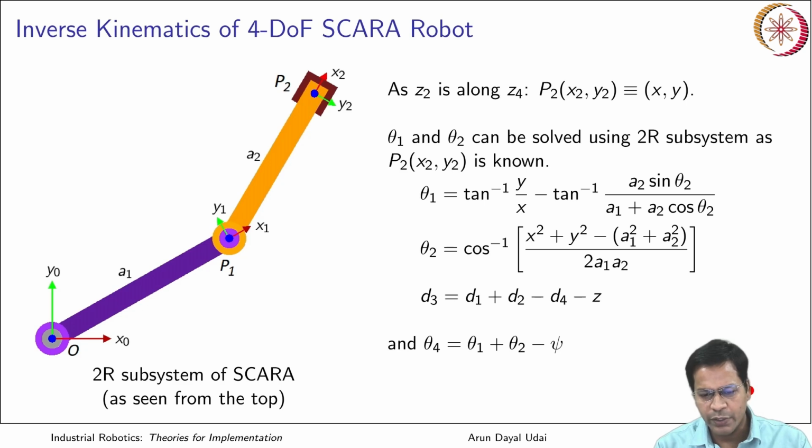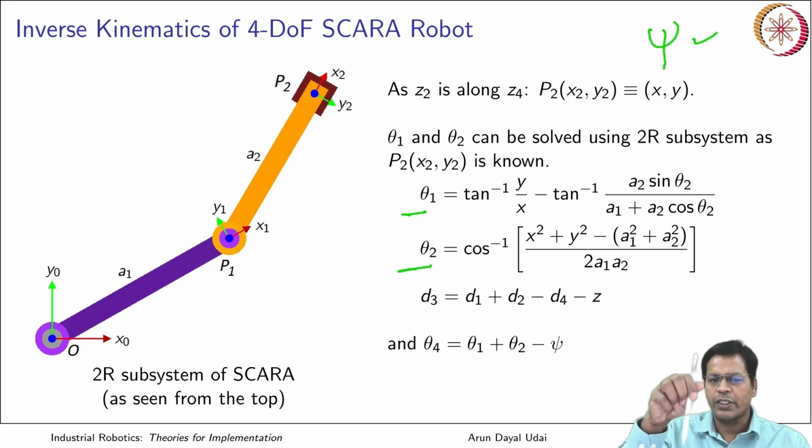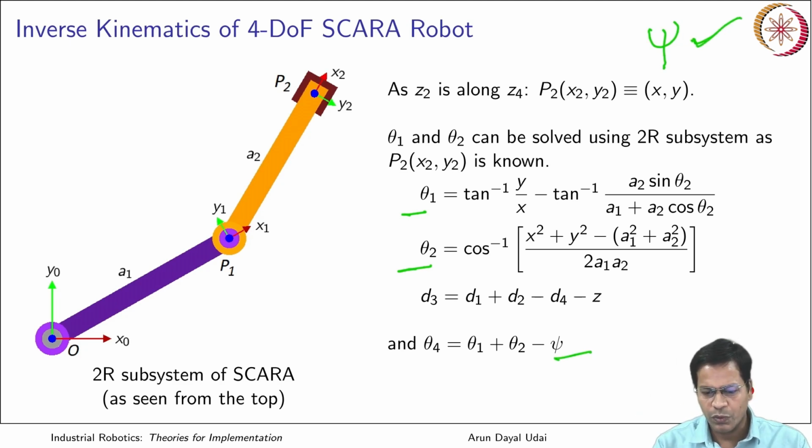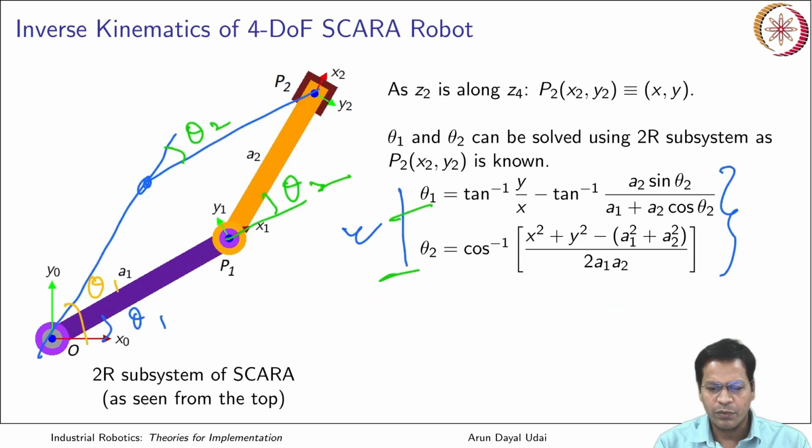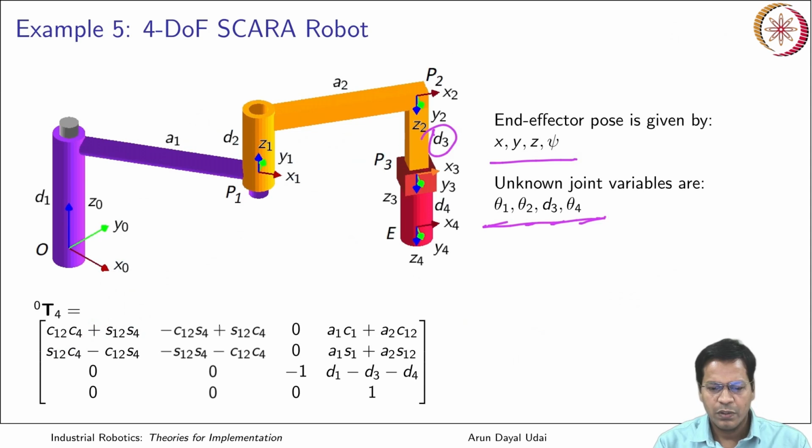So now you already know theta 1, you already know theta 2. Got it? The end effector orientation was given as angle psi. That is, the total rotation of the end effector is also known. So you can quickly obtain theta 4. That is the vertical angle of rotation for which link?